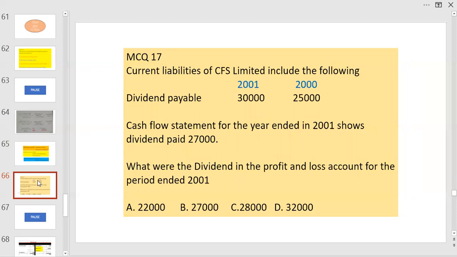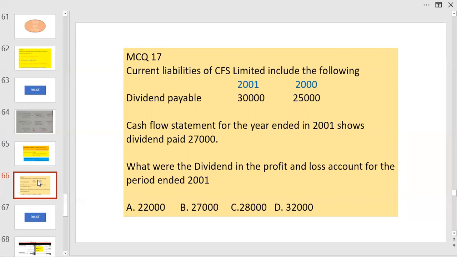Current liabilities of CFS Limited include the following. Dividend payable, year 2001, 30,000; 2,000; 2,500. The cash flow statement for the year ended 2001 shows a dividend payment of 27,000.